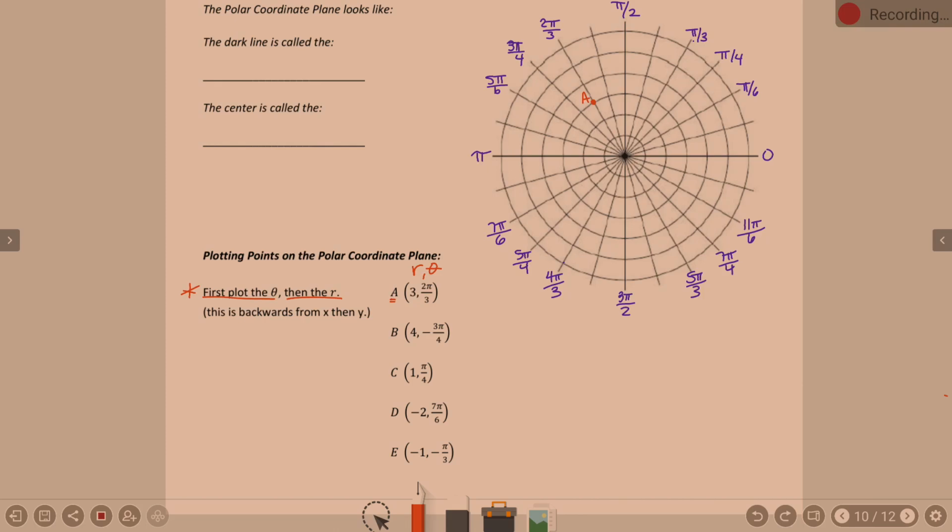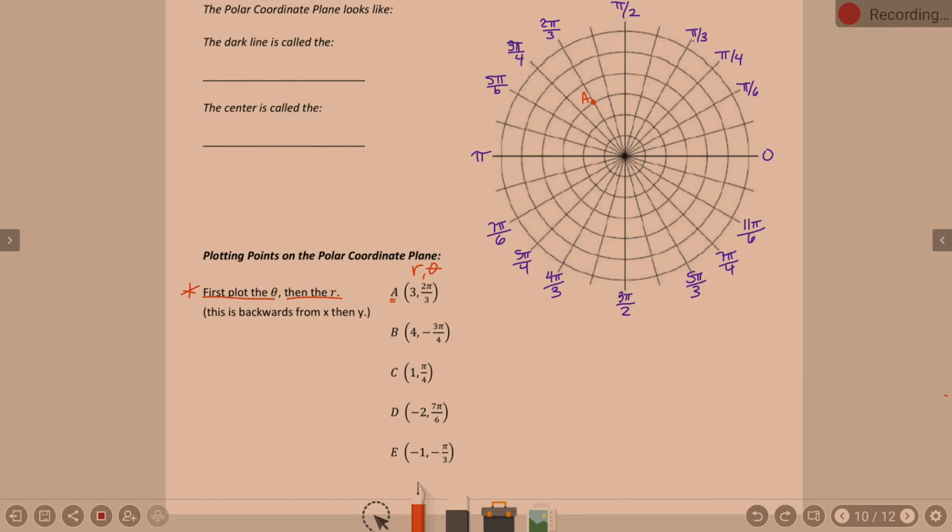So positive 3 pi over 4 goes up and around counterclockwise and ends right here, yes? What does a negative 3 pi over 4 do? Starts this way and goes backwards, or in other words, it goes clockwise.